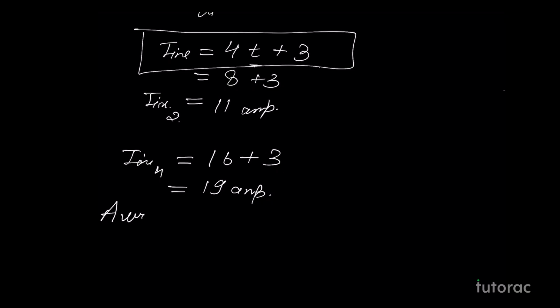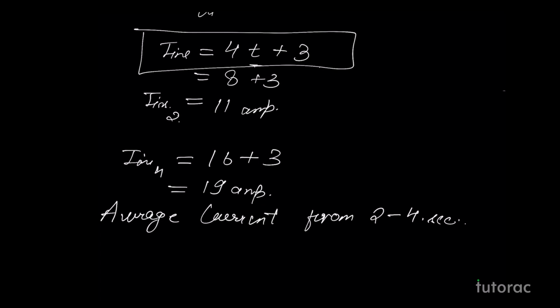Now, we have calculated the instantaneous current at 2 and 4 seconds. If I ask you what will be the average current from 2 to 4 seconds, how can we calculate this?